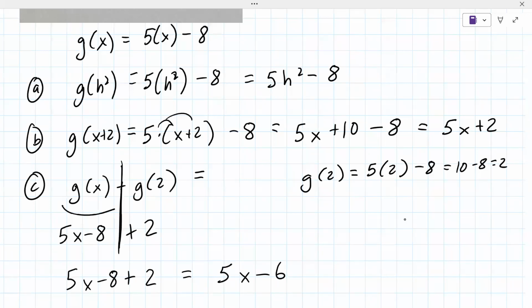You're taking the result from g of 2 and adding it to 5x minus 8. How did you know that g of 2 is equal to all that? The g function is given as 5x minus 8, and you put 2 in for x. Part C is really two problems. It's taking the original g of x and adding to it the output of g of 2.